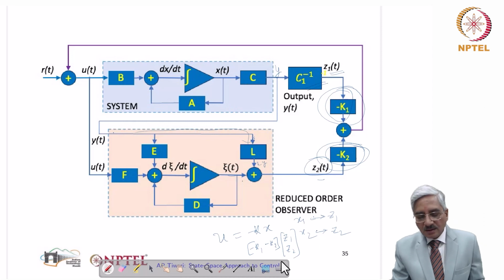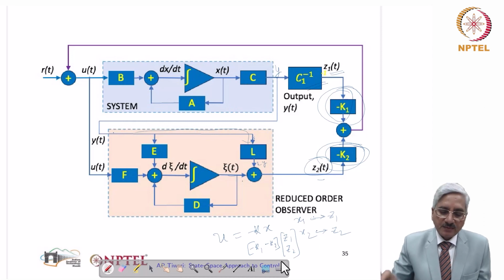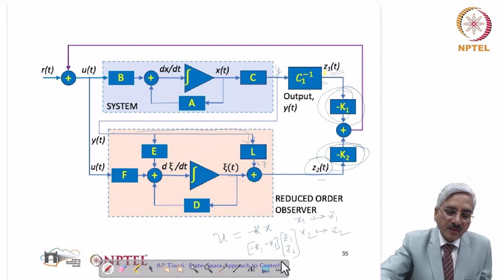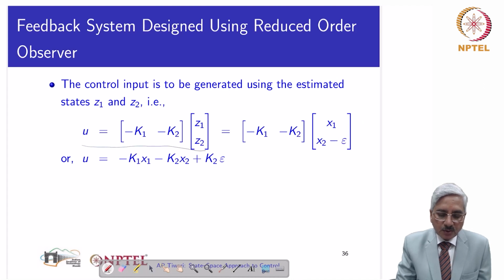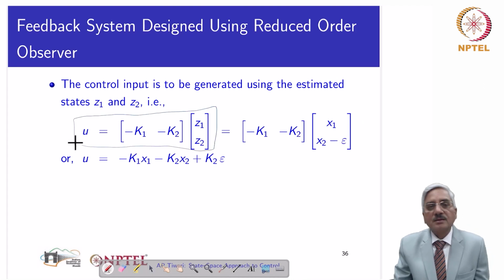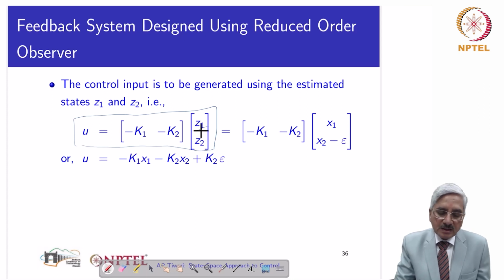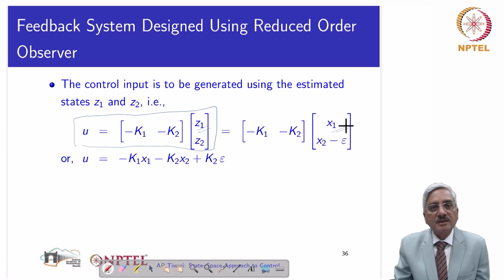And we are interested in analyzing the overall system behavior. This is shown in this diagram, and also through these equations. So input is now being generated like this: K1 times Z1, K2 times Z2. Because Z1 is exactly equal to X1, we do that substitution.